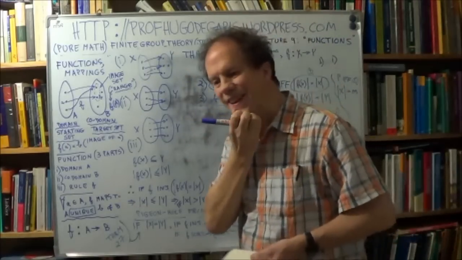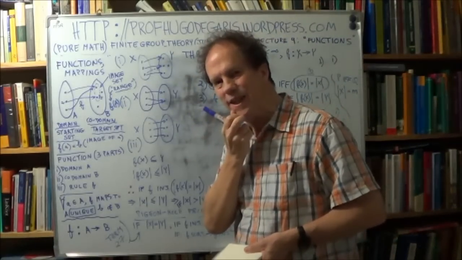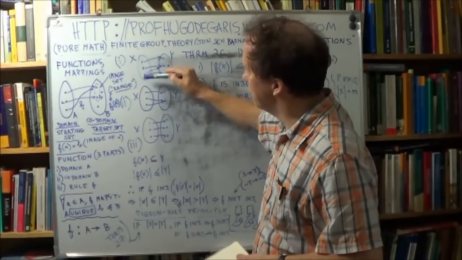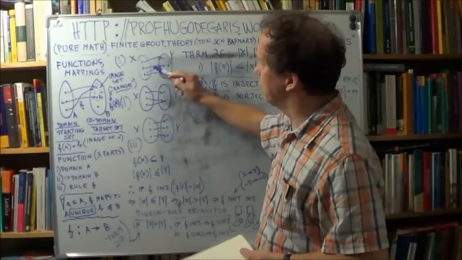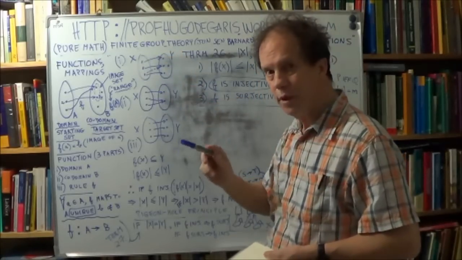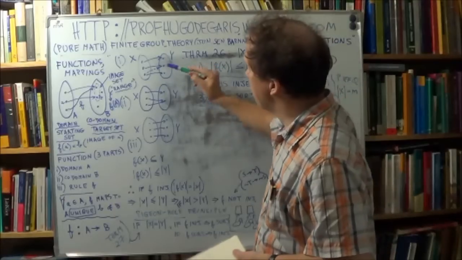So that means your image set, your range, is equal in size to your target, your starting set. Do you want me to repeat that?